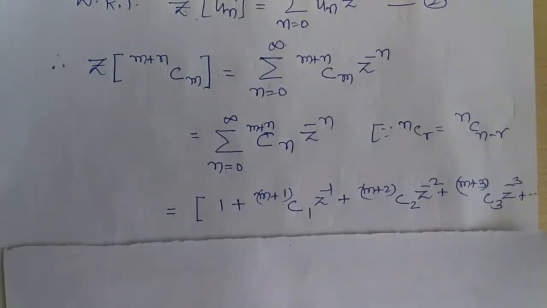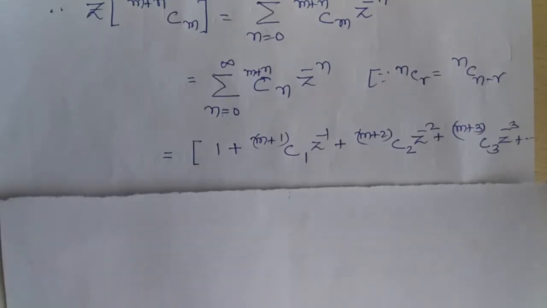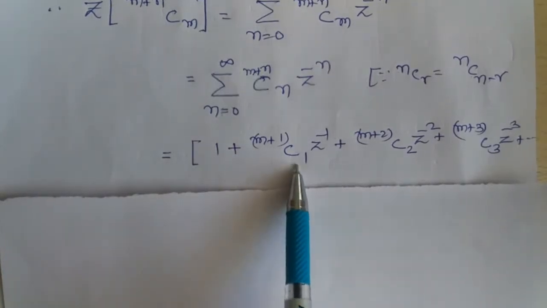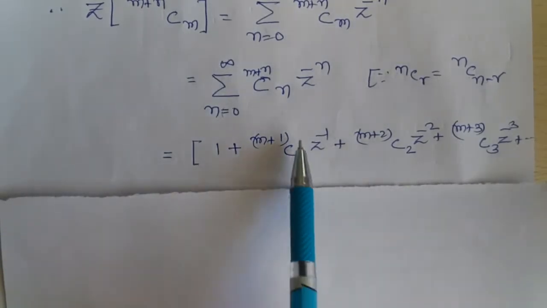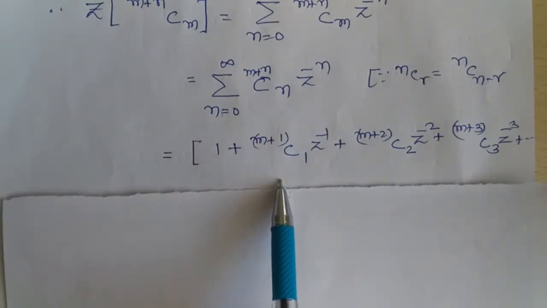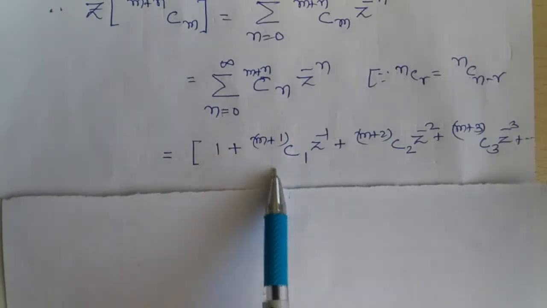Now we write using the combination formula that nCr is n factorial upon r factorial into (n minus r) factorial.